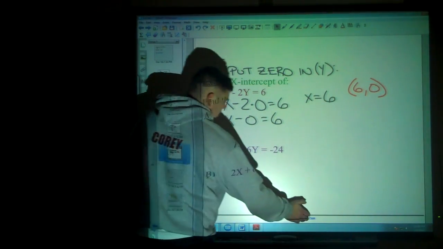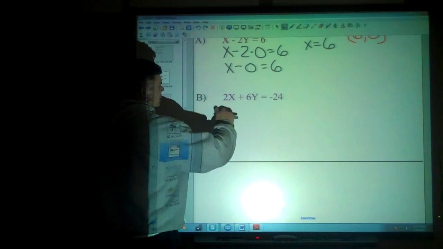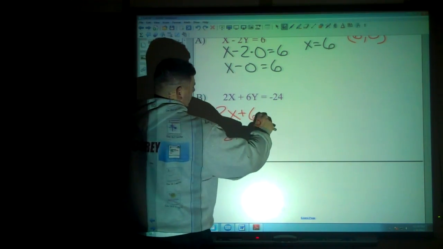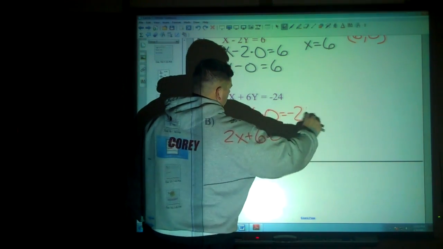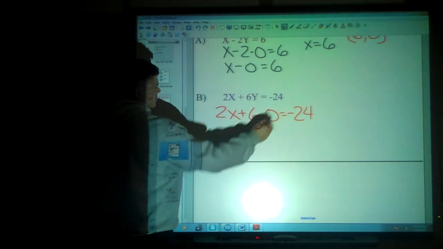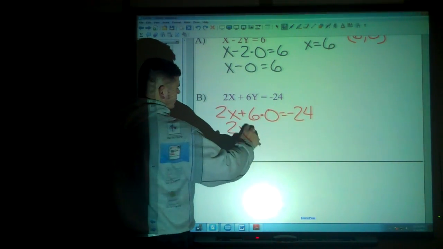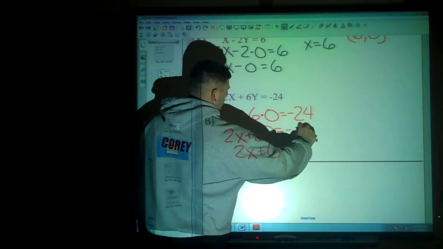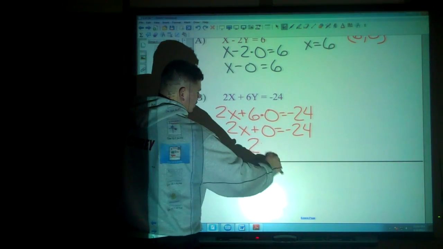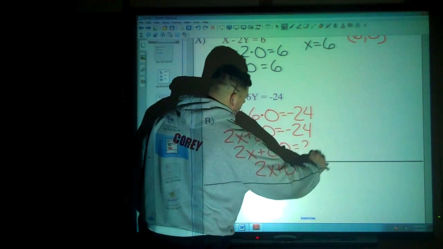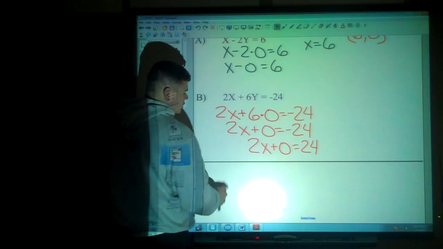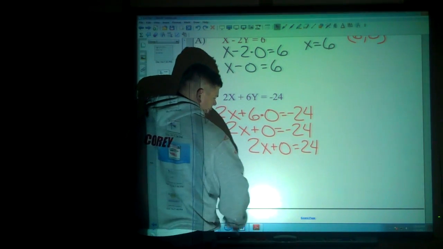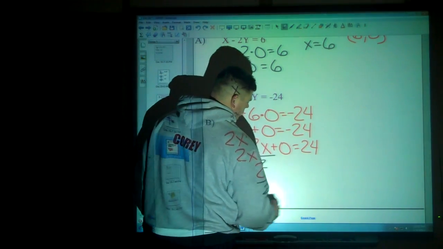Alright, try another one. Same idea. We're still going to put 0 in for y. 2x plus 6 times 0 equals negative 24. Well, 6 times 0 is 0. So now you have 2x plus 0 equals negative 24. And now you can solve. It takes one step to solve. Divide by 2.